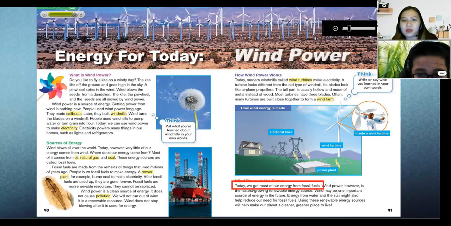They use wind power more so that many people will use renewable sources of energy, and they are also using energy from water and sun, to help reduce our need for fossil fuels. If we use less fossil fuels, our environment will be safer and far from pollution.